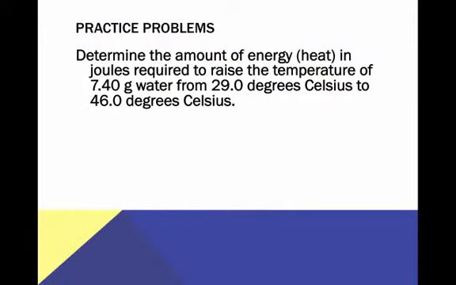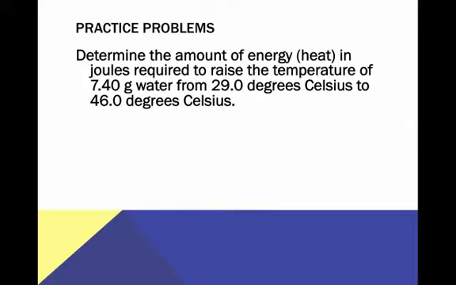Okay, practice problem number 3. Determine the amount of energy in heat in joules required to raise the temperature of 7.40 grams of water from 29 degrees Celsius to 46 degrees Celsius. So there's a couple of things we need to do with this one. We know that we have 7.4 grams of water, and we know we've got this change in temperature.